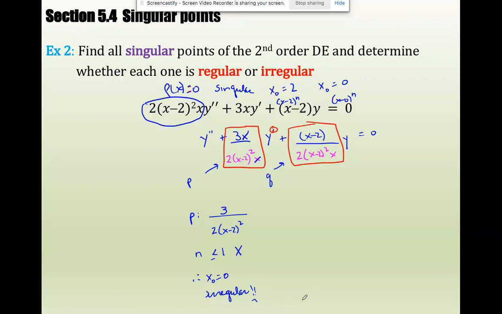Since it's an and situation, I don't bother and go check Q. But I don't just have x equals 2 to check, right? That was me checking 2. What about checking 0?